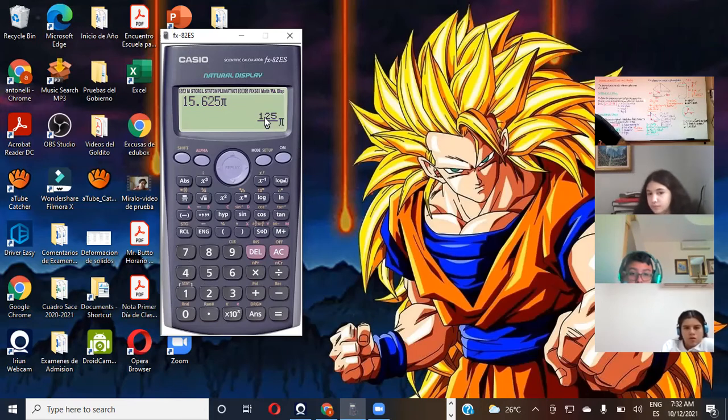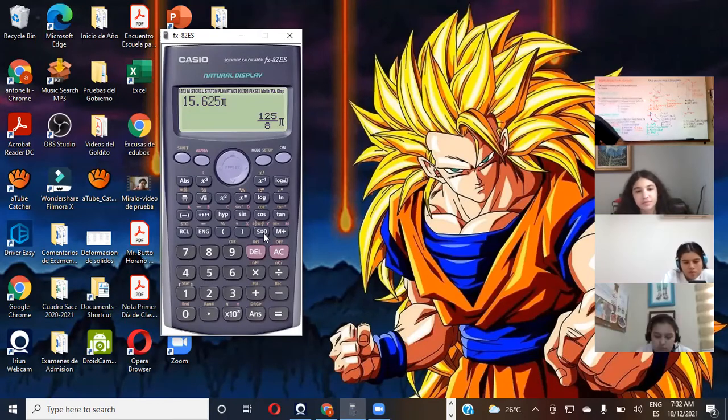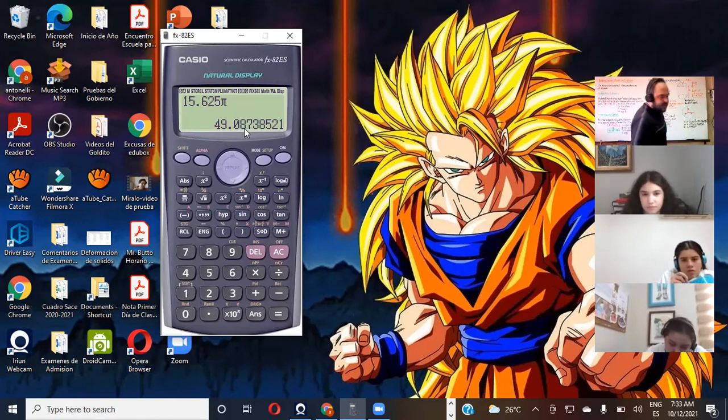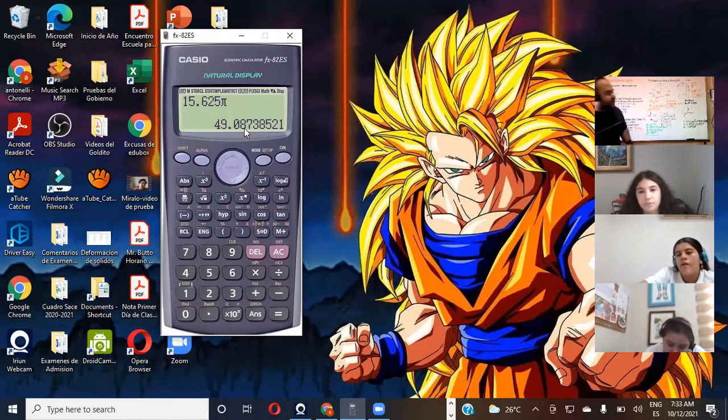You're going to have this fraction, which sounds kind of weird, right? When you have this value, you can push the SD button. When you push this button, we have the decimal number, and we're going to work with 2 decimal numbers after the decimal point. So the answer will be 49.09.